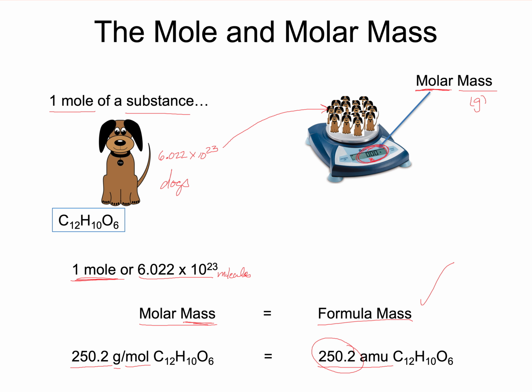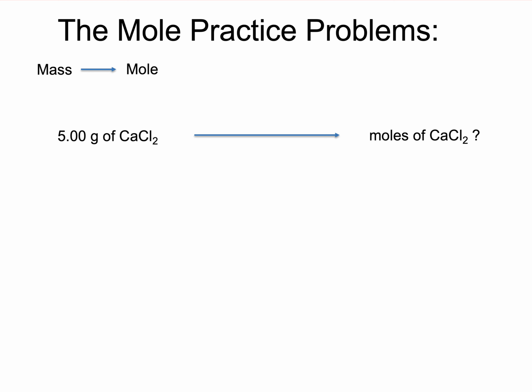And so this becomes a really neat, useful conversion factor. And guess what? Where do we use conversion factors? In dimensional analysis. So let's use the technique of dimensional analysis to convert from mass of a substance to how many moles of that substance.